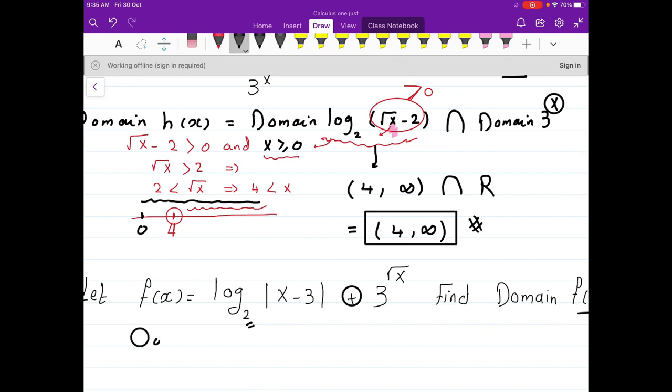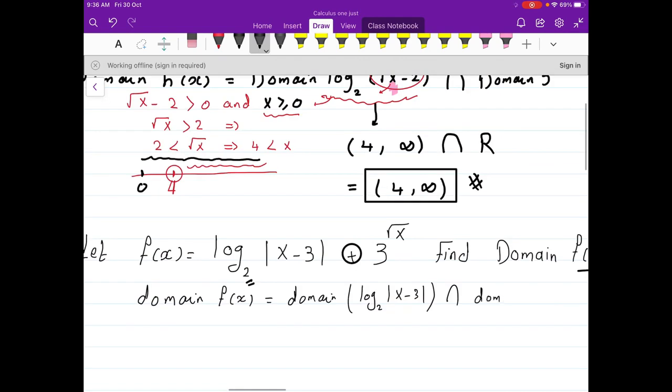So the domain of f of x equals the domain of the first function, log of the absolute value of x minus 3 for the base 2, intersection with the domain of 3 to the power the square root of x.